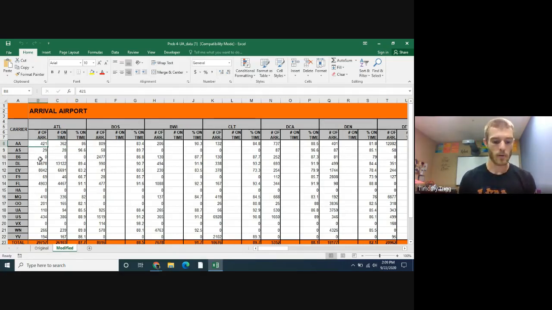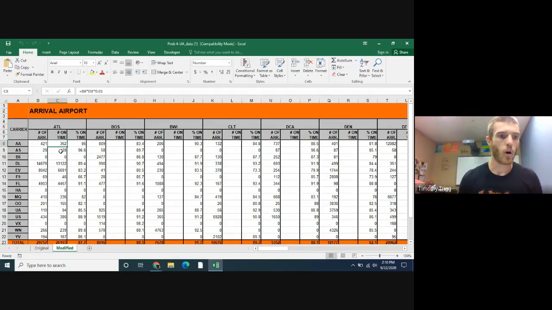So I could take this number, 421, and I multiply by the percentage on time, 86, and then multiply by 0.01. If you check that out on your calculator, you should get this value, 362.06. Hopefully you guys can see that there.